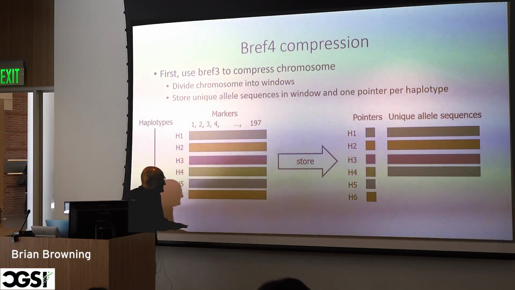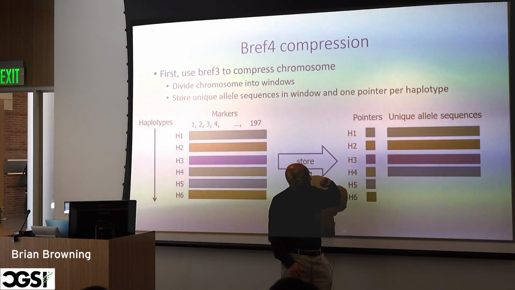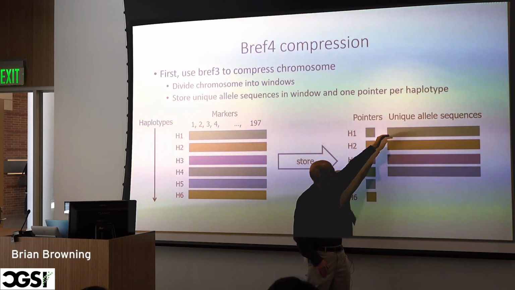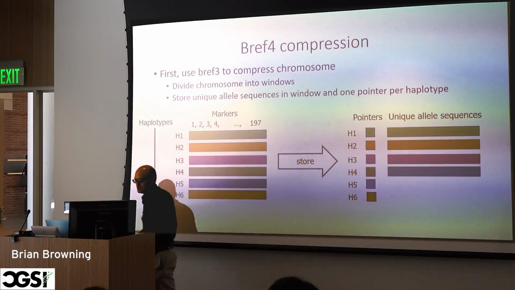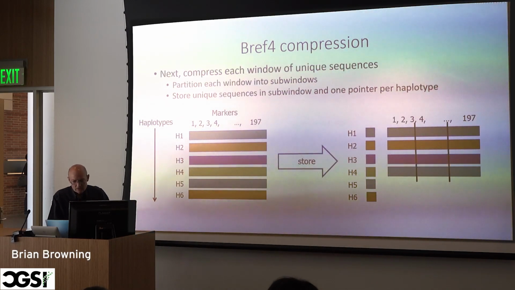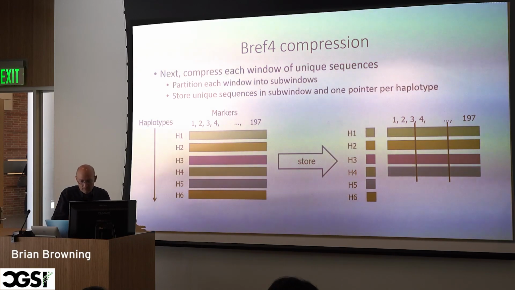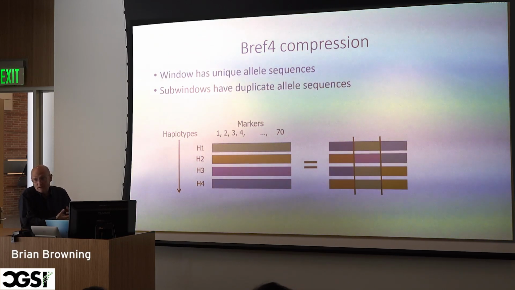So what happens here is this is a window. What happens if we consider this window to be a whole chromosome and consider these to be the haplotypes carried on that chromosome? We could repeat this. Just do the same thing again. So we can divide that window into subwindows. Now, the haplotypes are unique at the window level, but on the subwindow level, we expect, by the way we constructed our subwindows, we'll have duplicates.